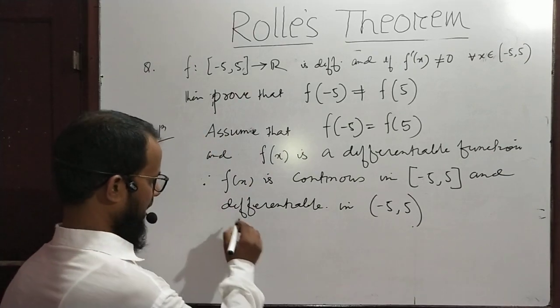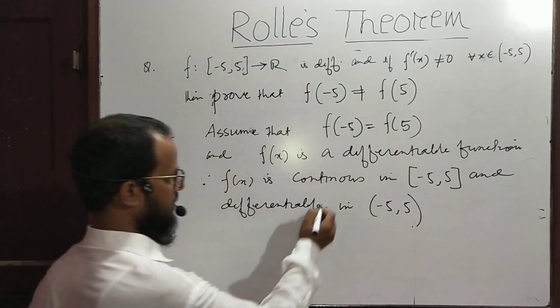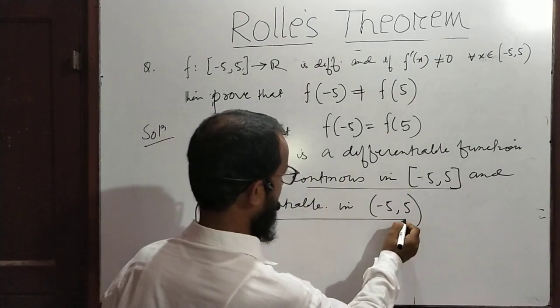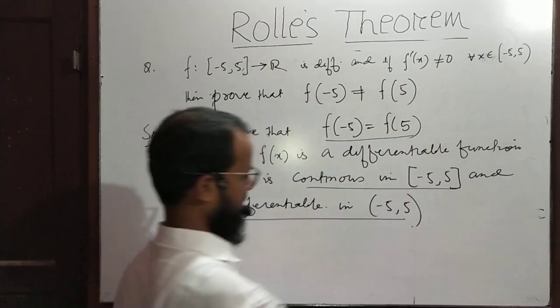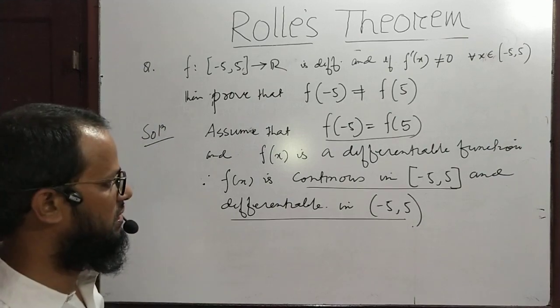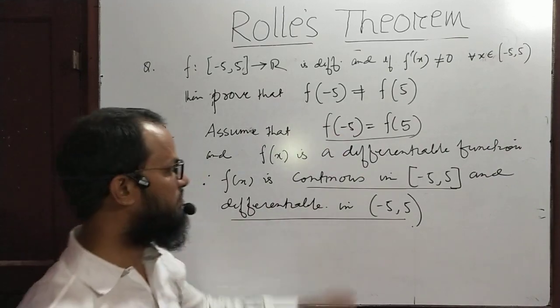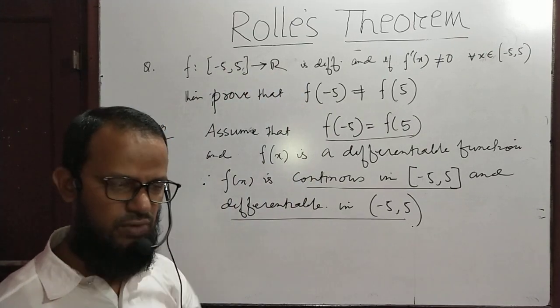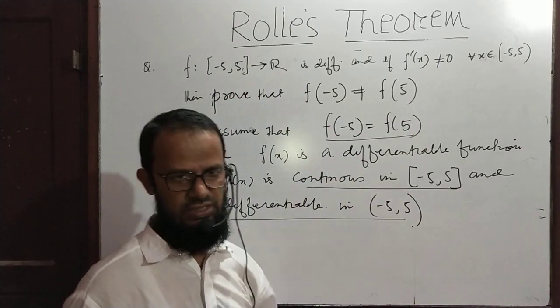So the conditions of Rolle's theorem are: one, continuous; another, differentiable in this open interval; and a third condition. These are the three conditions of Rolle's theorem, and this function f(x) satisfies all three conditions.